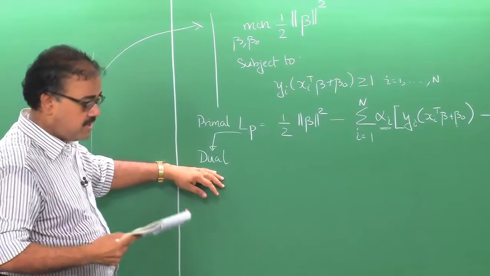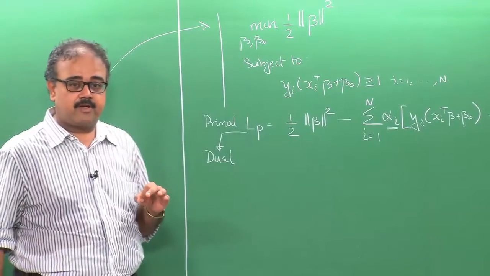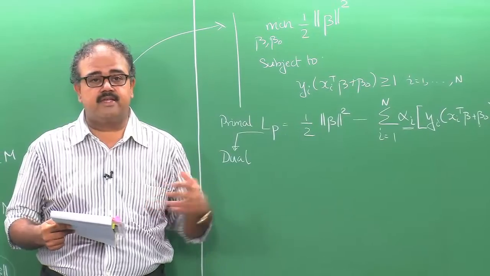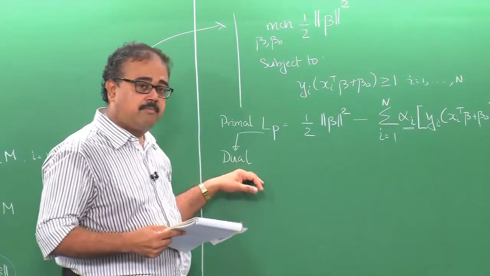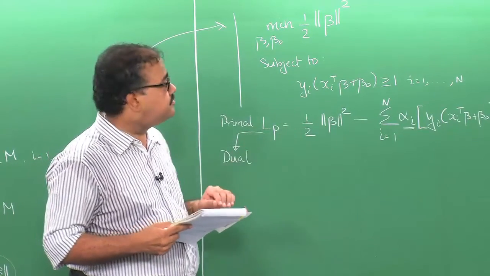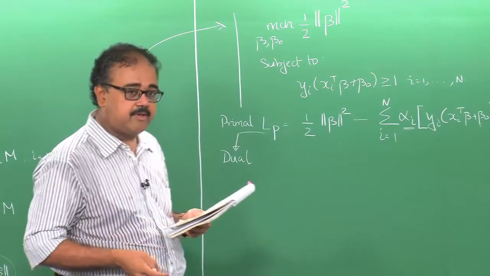So, the dual is a way to create an optimization problem that is simpler to solve in some sense than the primal, okay. And the dual at all points provides you some kind of a lower bound on the kind of solutions that you can achieve with the primal, right.